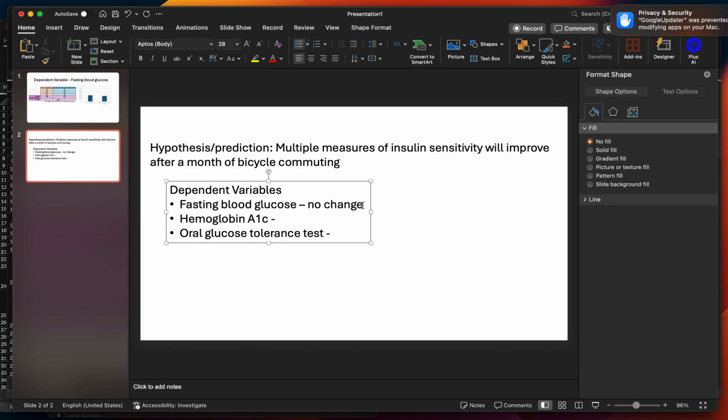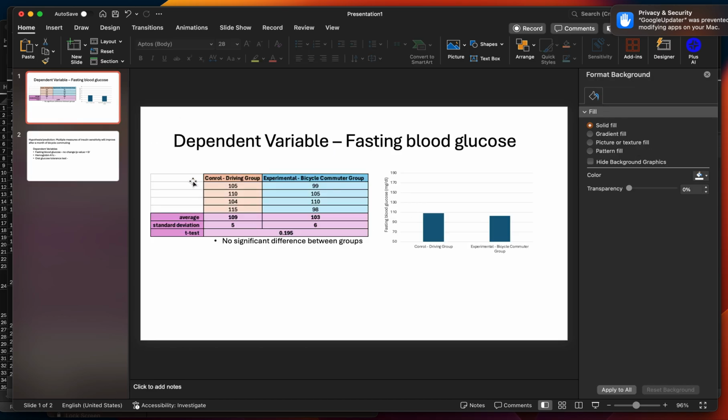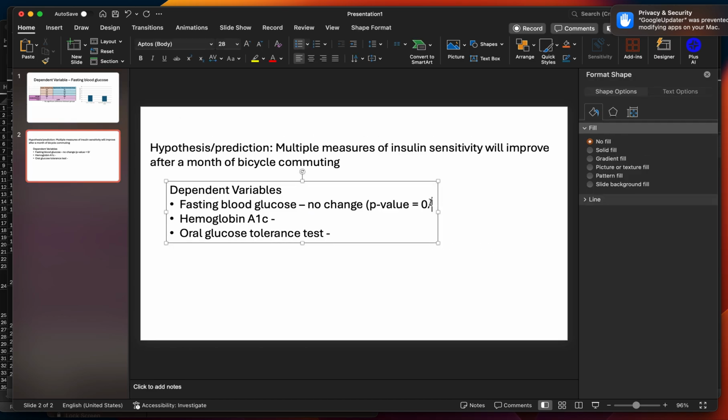All right. I should justify this, though. P value equals 0.195. All right. Now, someone else would calculate your hemoglobin A1C and your oral glucose tolerance test. They would give a p-value, but that p-value has got to be less than 0.05 for you to say something changed.